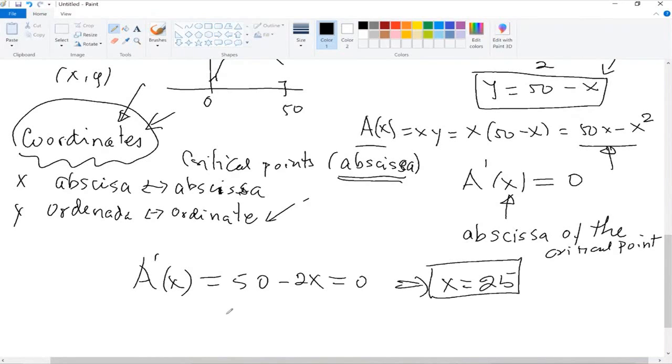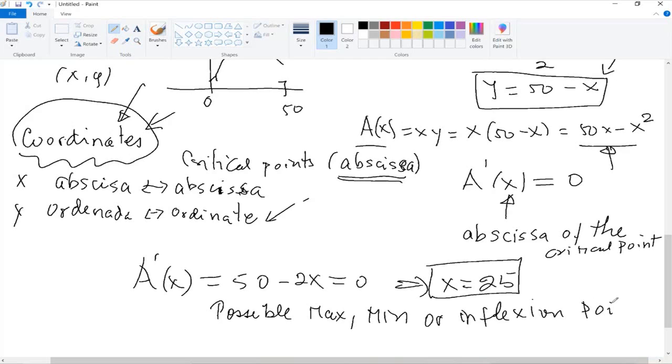Possible max, min, or neither, the worst case, inflection point. We mean by this, max, that the function goes like this. Min, that the function goes like this. Inflection, change of concavity. Now we don't know if it is maximum, minimum, or inflection.